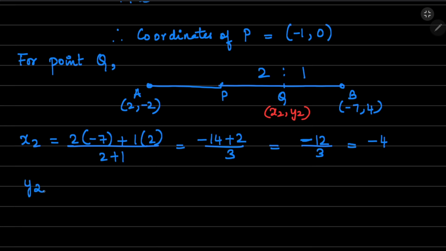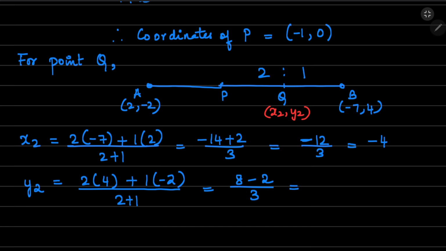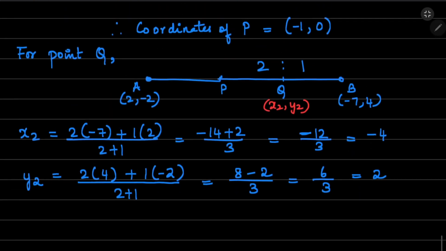What about y2? y2 is equal to (2 into 4 plus 1 into minus 2) whole divided by 2 plus 1. So this is equal to (8 minus 2) divided by 3. What is 8 minus 2? It is 6. 6 by 3 is equal to 2. So therefore, the coordinates of the point Q is equal to minus 4, 2, and that's your answer.